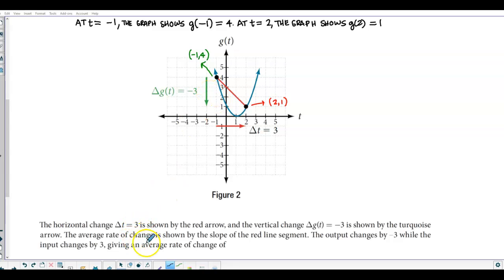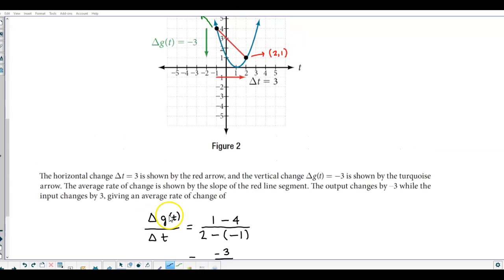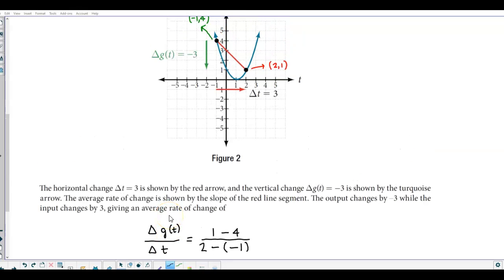Now the average rate of change is shown by the slope of the red line segment, and the output changes by -3 while the input changes by 3, giving an average rate of change of the following. If we have the change of g of t over the change of t, we take a look at our outputs.